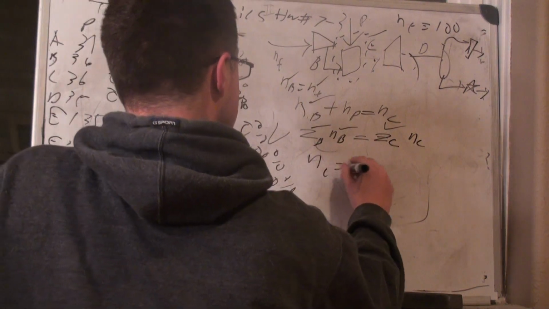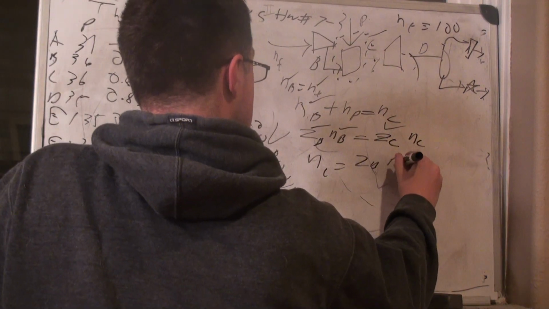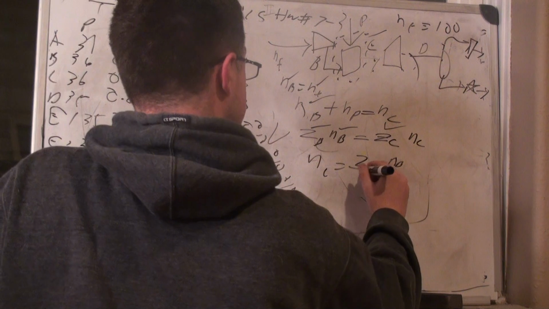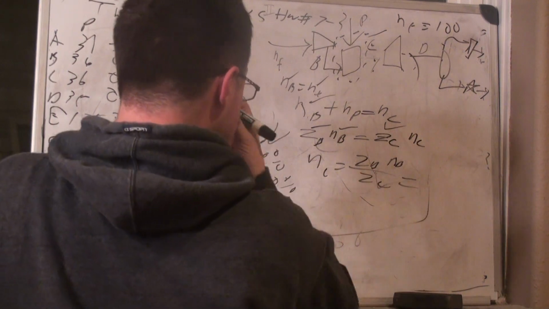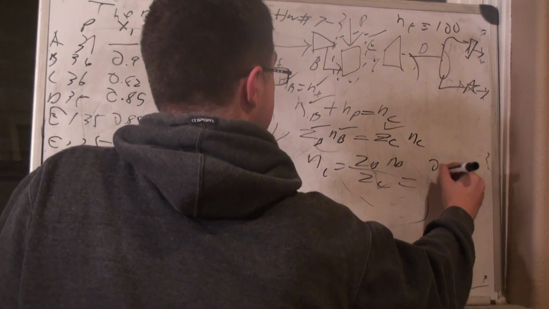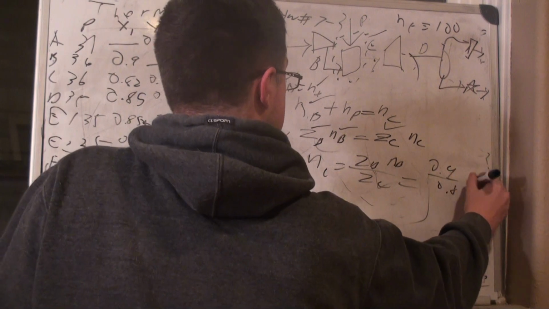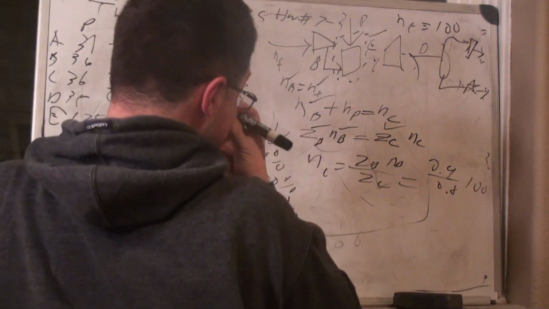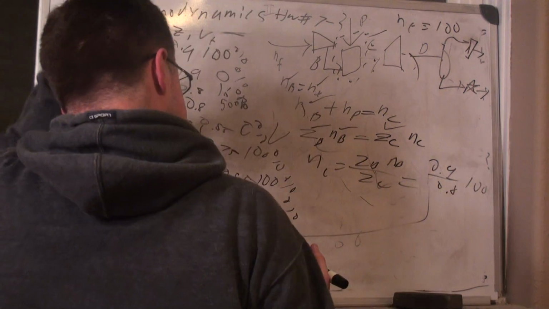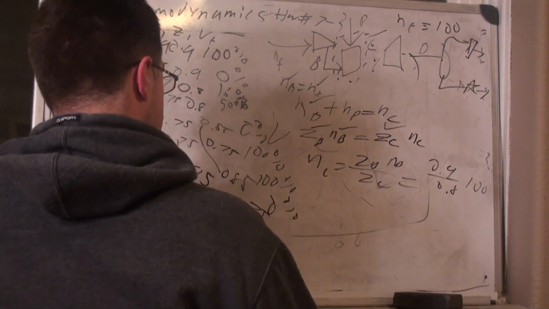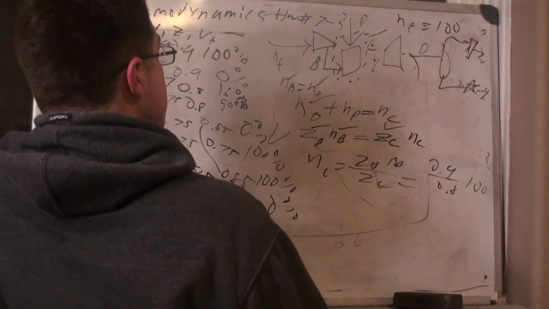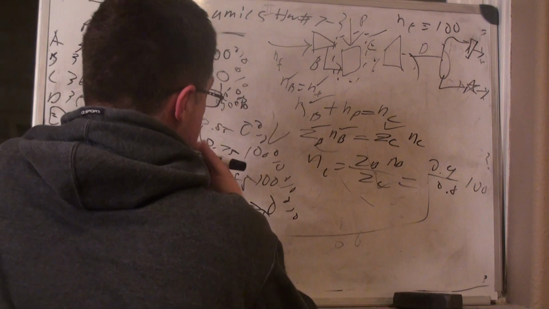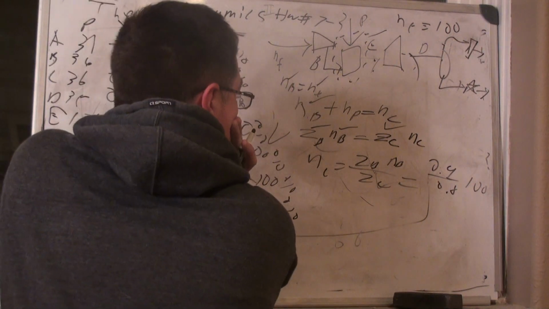So NC is just equal to ZB NB over ZC, which is equal to 0.9 over 0.8 times 100. What is that off the top of my head? Let's see here.